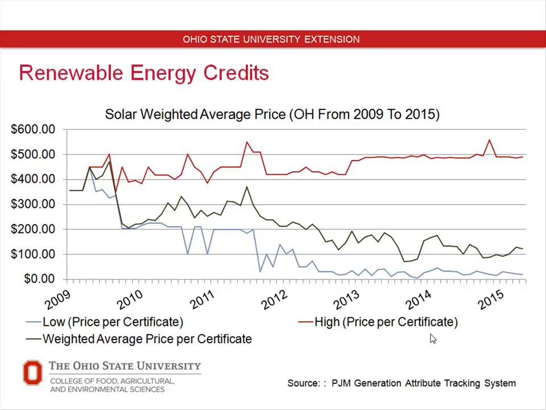I can't say for a fact, but there are some indications that could increase the value of those, because one of the things that the Clean Power Plan was talking about was utilizing renewable energy as part of that plan. But the connection between federal regulations and the state policy would need to be ironed out. But once again, it's something that you're going to want to follow.